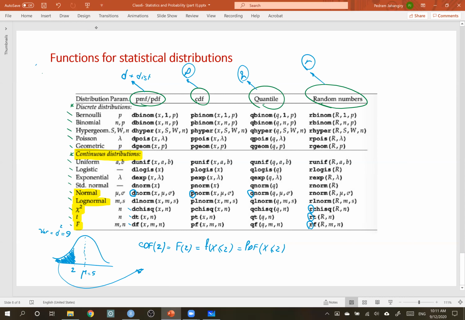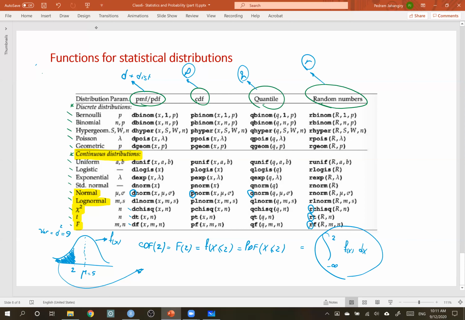Then if you want to calculate this shaded area, we have to do the integral. So this is the manual way. If you want to do it manually, it's difficult. I have to do the integral between minus infinity to 2, and I need to know what is the functional form of this. What is the PDF? This is Gaussian PDF, and if you check Wikipedia, there's an ugly formula for that f of x. And then you have to calculate this thing manually.